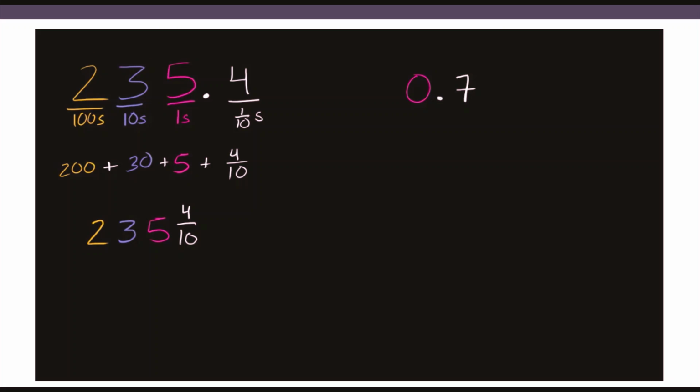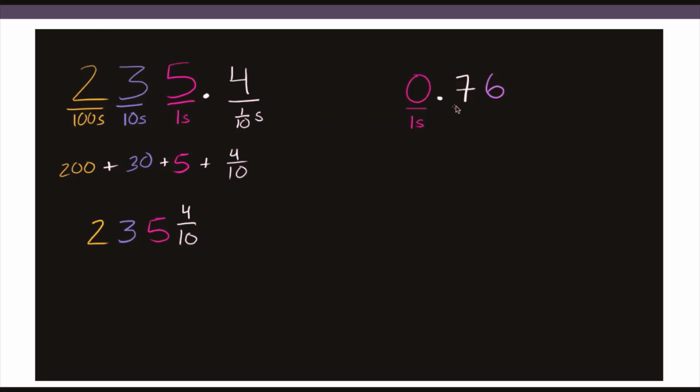Now let's see 0.7, for example, and I'll take 6: 0.76. Now how am I going to read this? This is decimal. On the left hand side of the decimal, this is 0, so this is our ones.